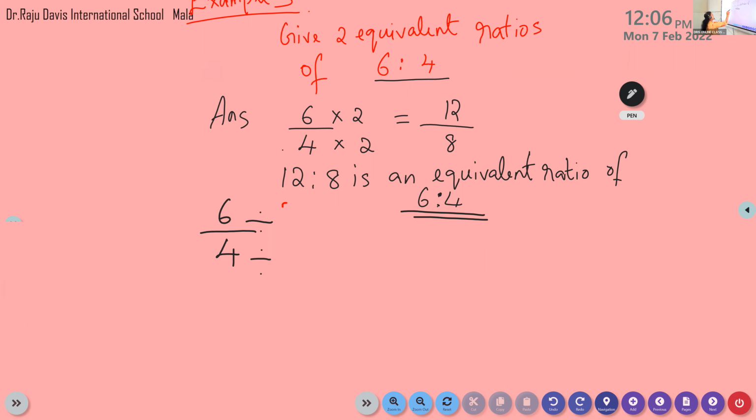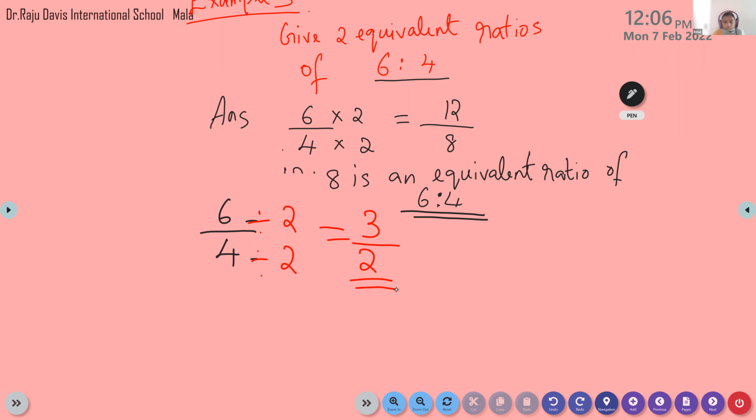So if you are dividing by 3, this is not possible. So you can use only 2. What is 6 divided by 2? 3. 4 divided by 2? 2. So children, you can write here 3 is to 2.